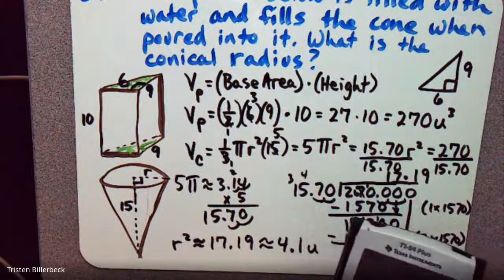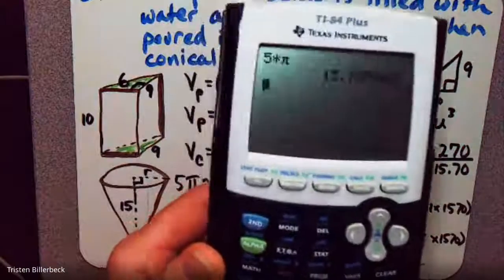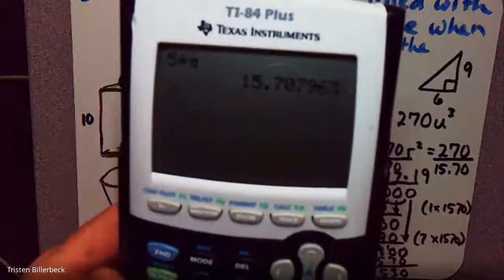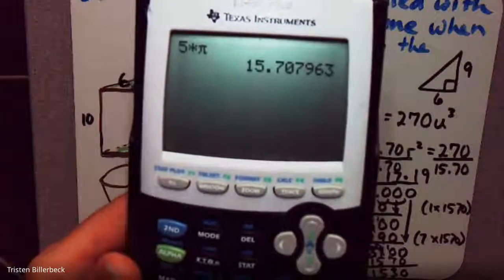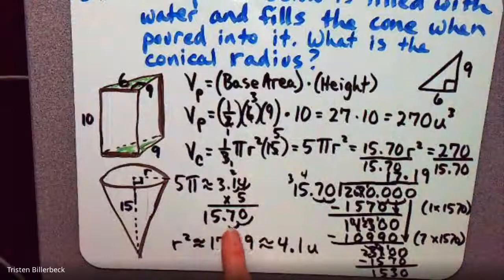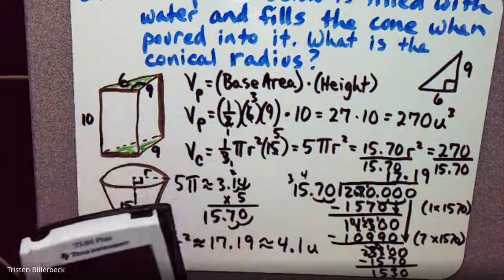So that's what 5 pi is. Well, we made an approximation, so we approximated to 15.70. So we've already added a little error in there.